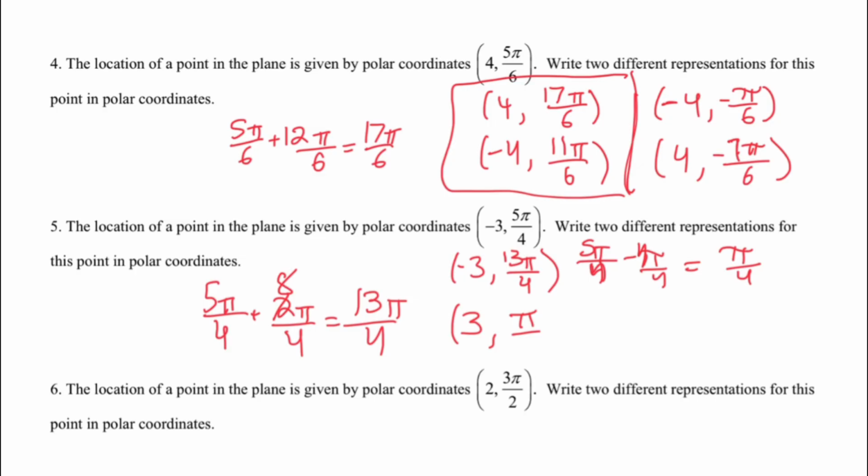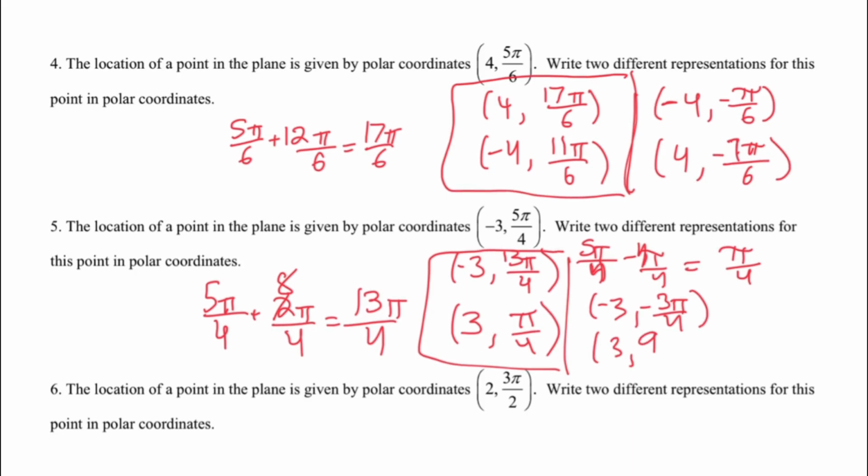And pi over 4 is basically a reflection of 5 pi over 4. So these two work. You could have also written -3 pi over 4, or 9 pi over 4, which is adding pi, and this one right here was subtracting 2 pi.